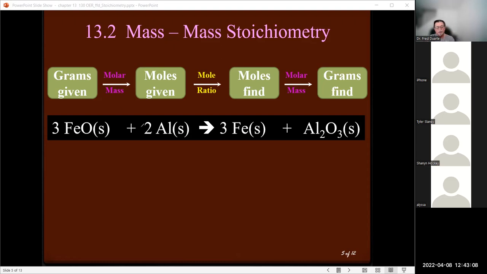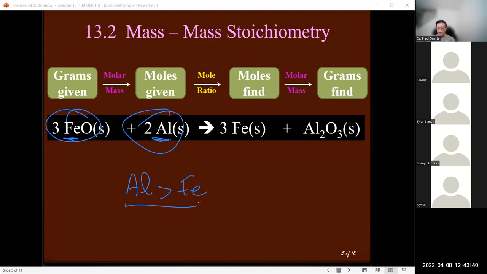Remember, in a single replacement, you generally start off with an element, in this case aluminum, and a compound. Obviously this reaction proceeds, but if you didn't know what the products were, you look at the activity series of aluminum and compare aluminum with iron. If you look up the activity series, which is on the periodic table, you'll find that aluminum is a lot more reactive than iron.